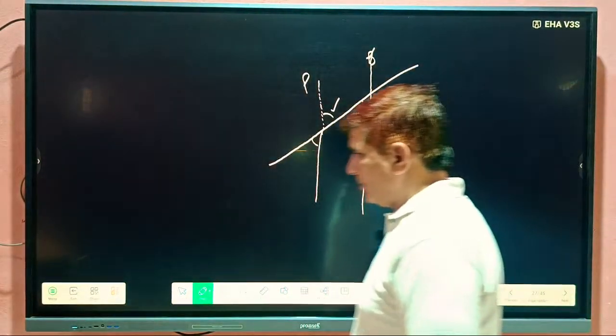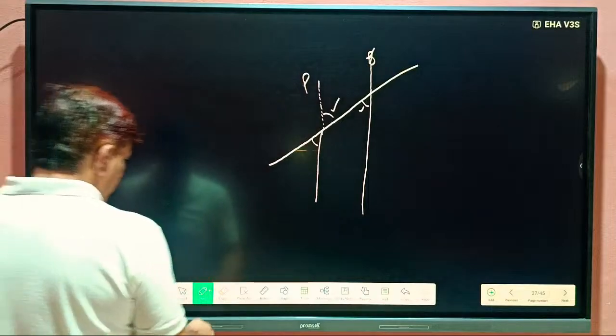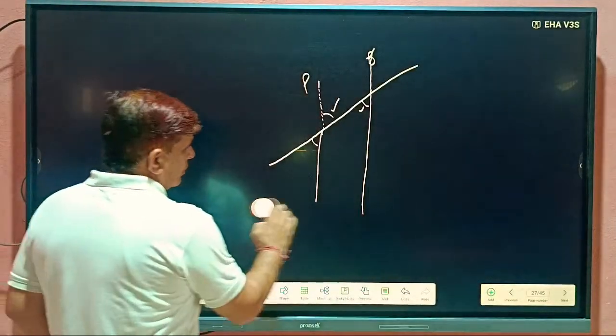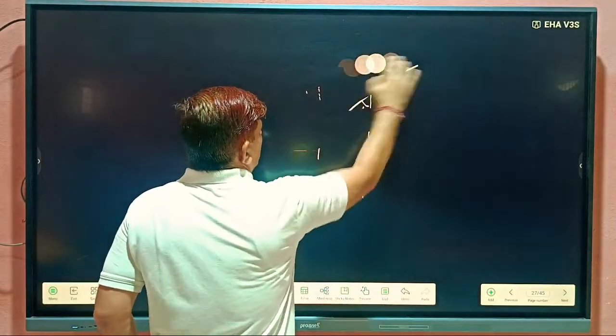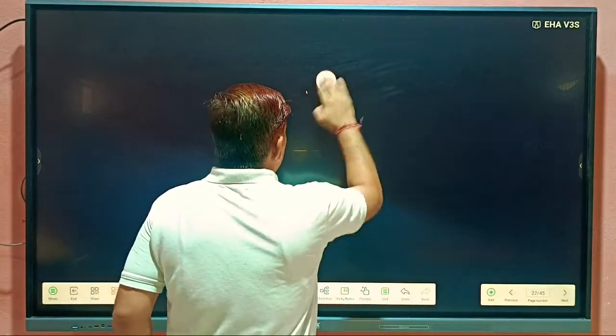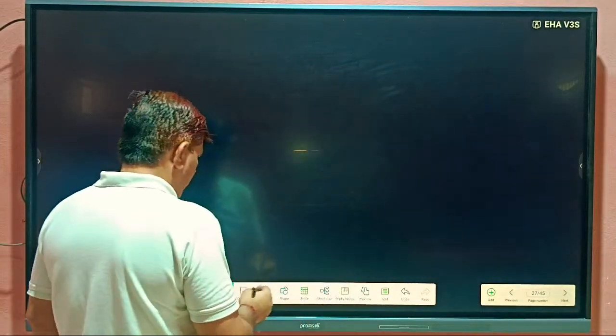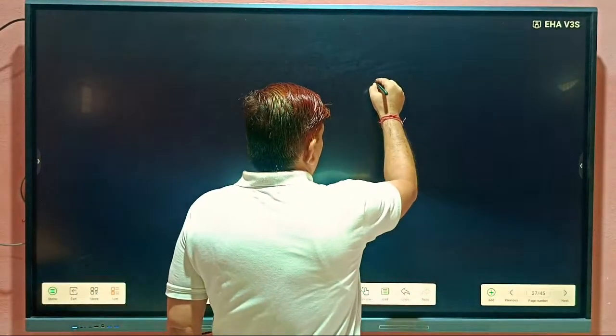So here again I can make that same picture. If you understand this, then no problem. So how can we make this? This is given.